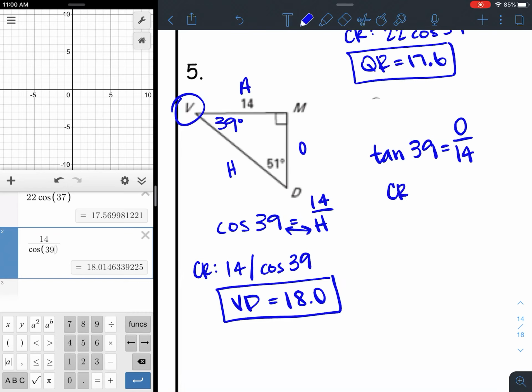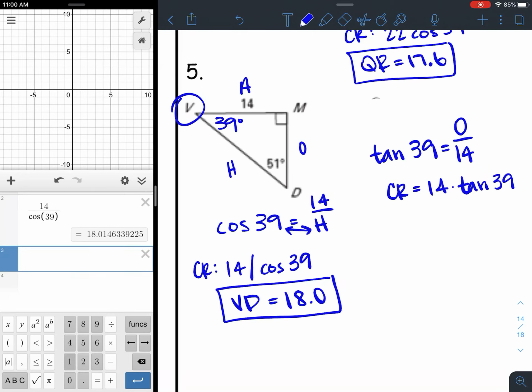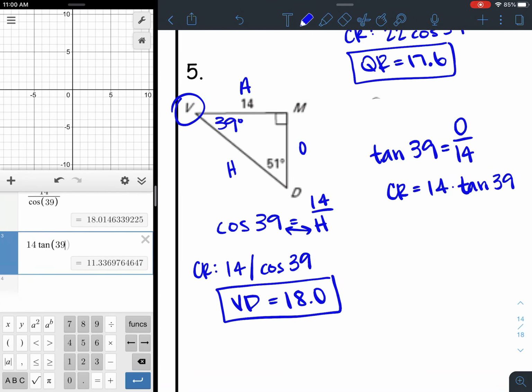So my calculator ready will be 14 times tangent 39. Which is 11.3 for MD.